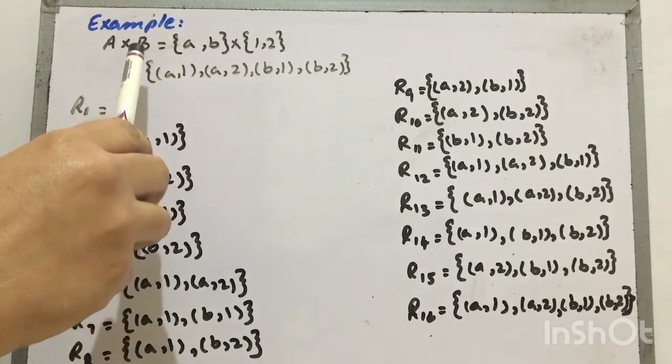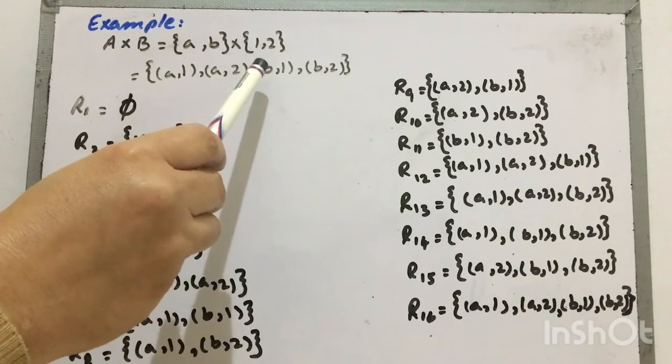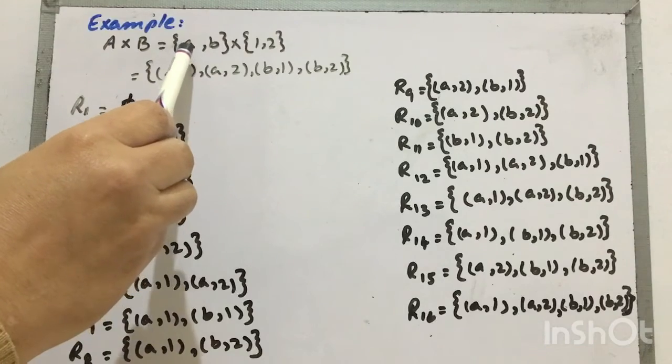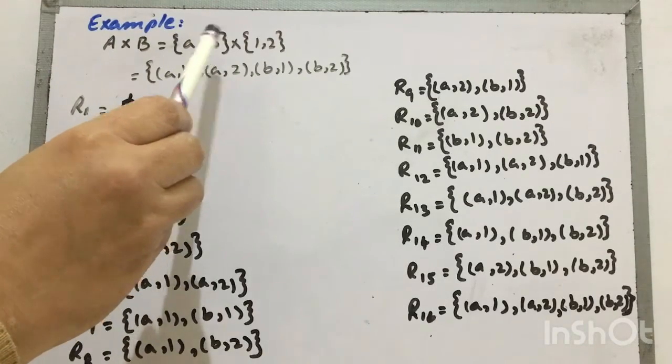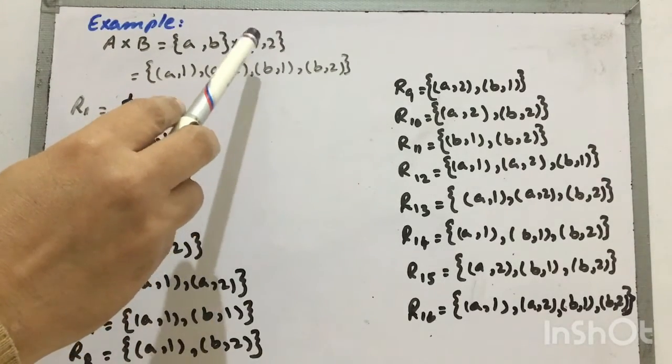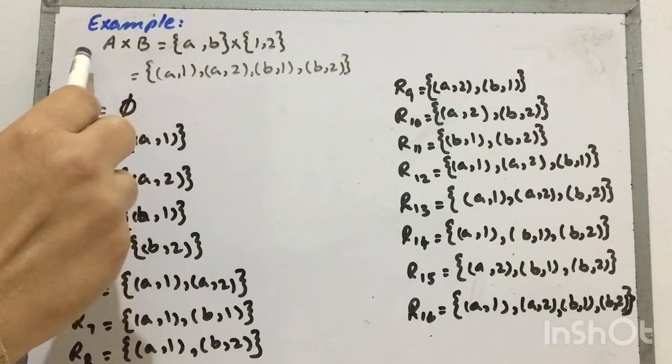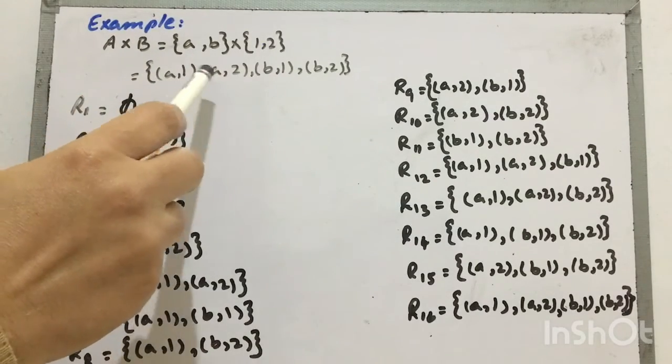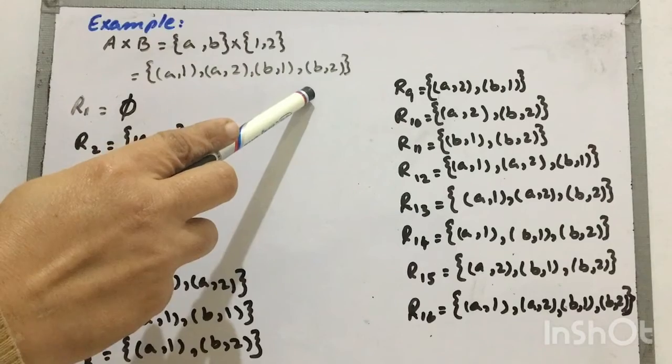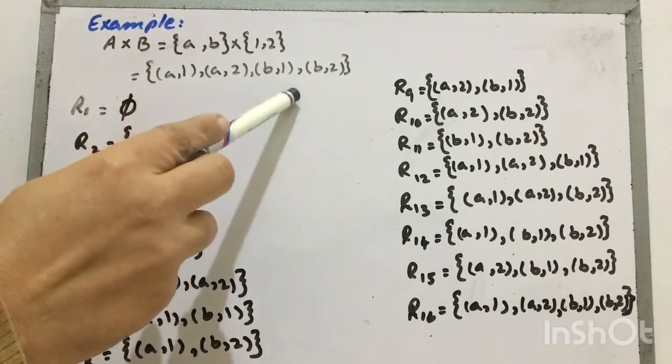Let A and B be two non-empty sets, where set A consists of two elements a, b, and set B consists of 1, 2. The Cartesian product of A into B is (a,1), (a,2), (b,1), and (b,2). It's four ordered pairs.